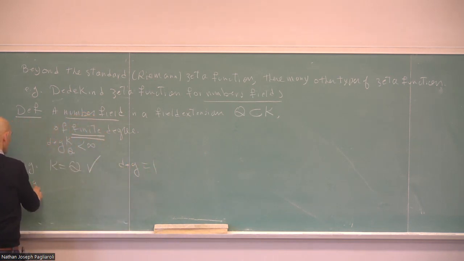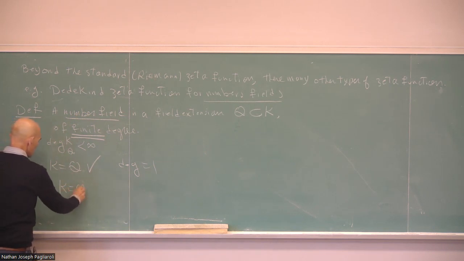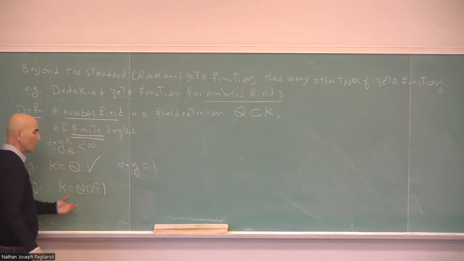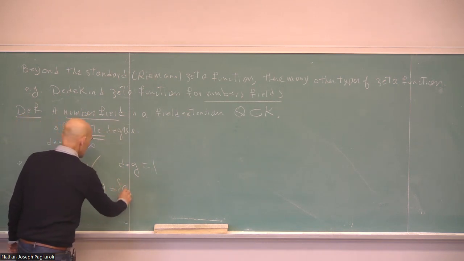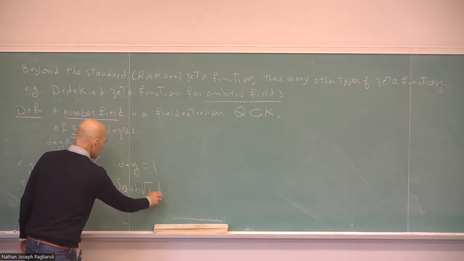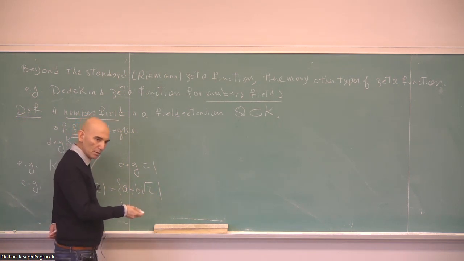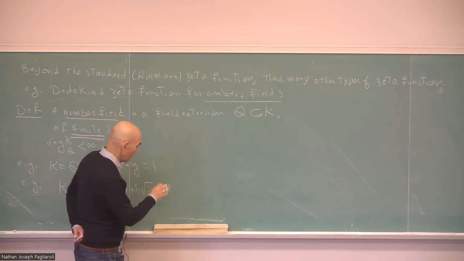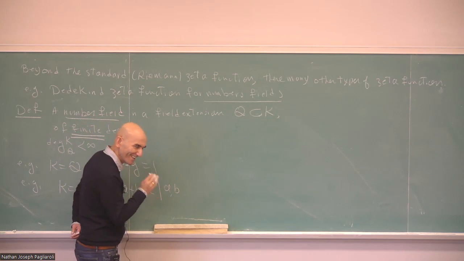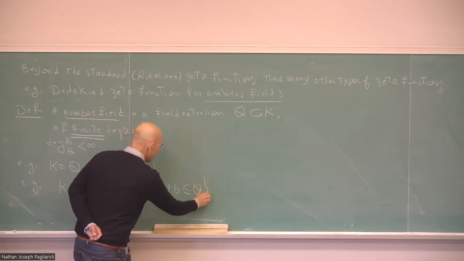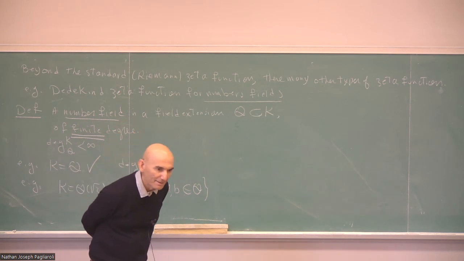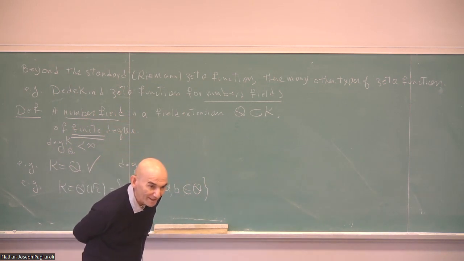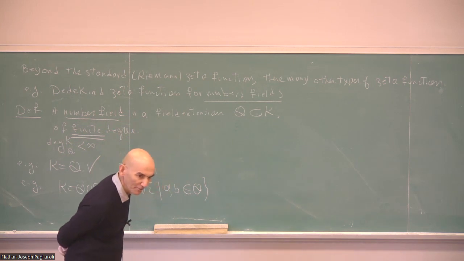Another example: Q adjoin the root of 2. It's called a real quadratic extension. What is that by definition? This is the set of all a plus b root 2 such that a and b are rationals, yes, the field of rational numbers.